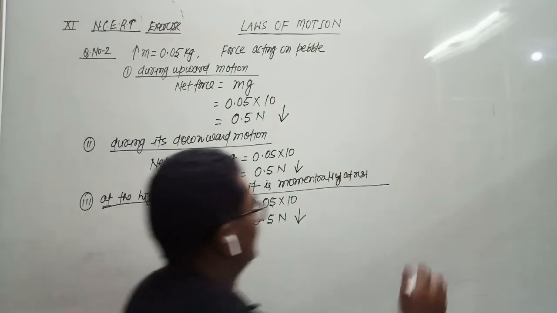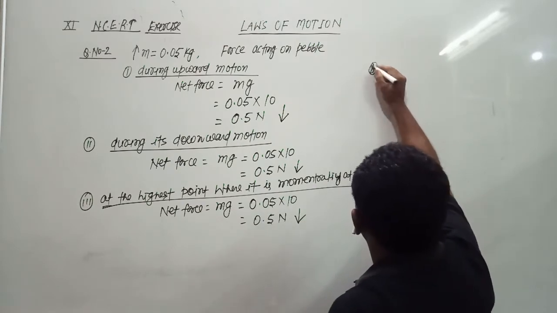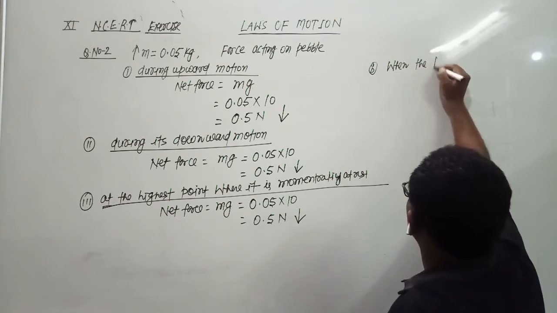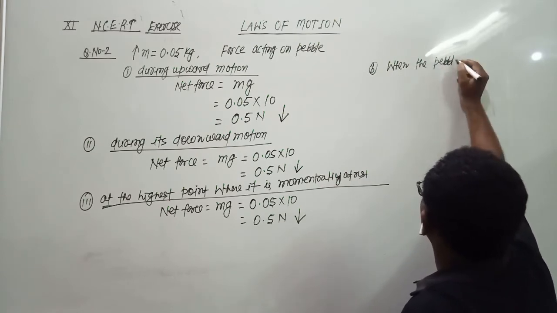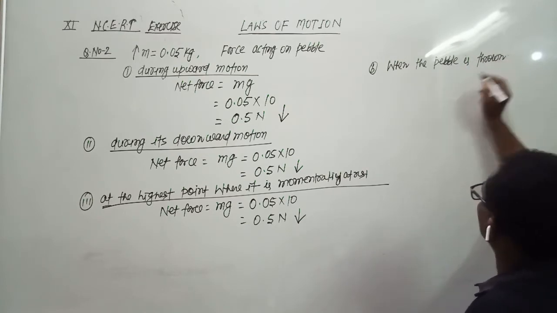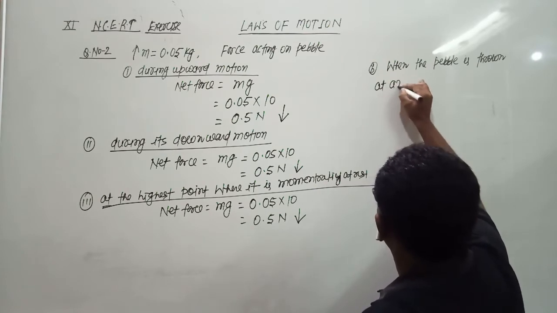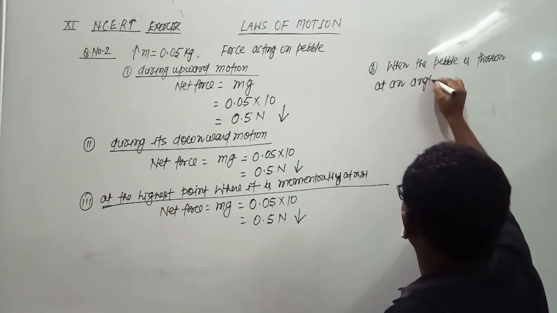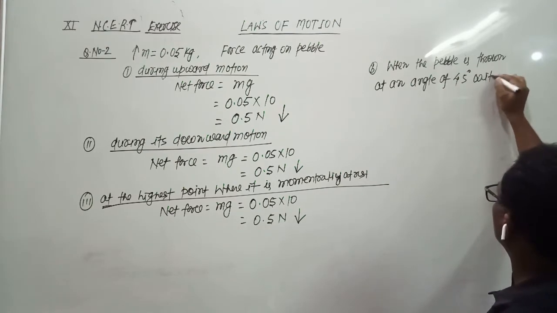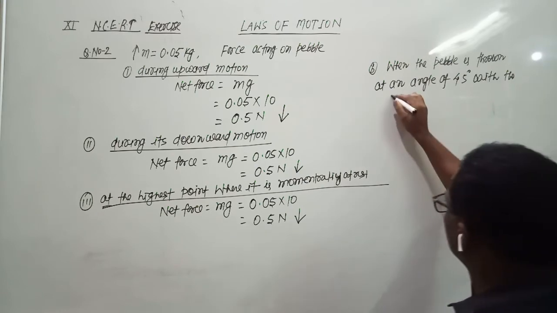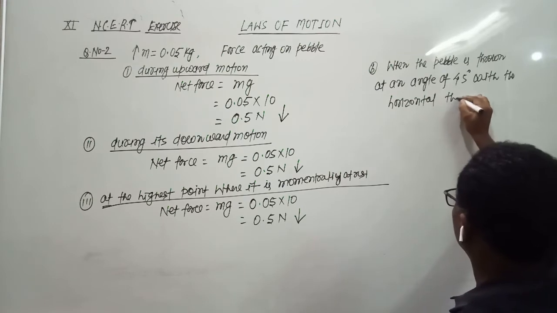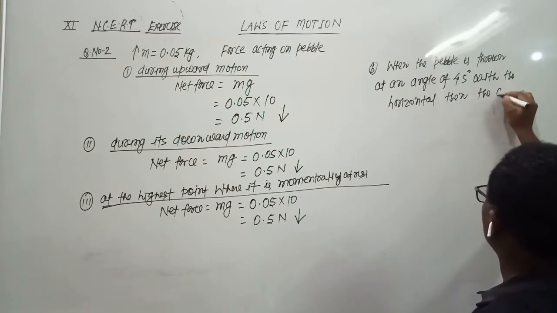So when the pebble is thrown at an angle of 45 degree with the horizontal, then the answer will not change.